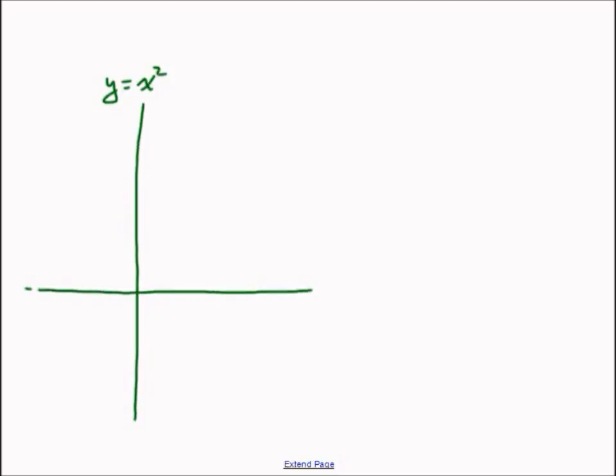Okay, I'm going to do a little aside here. This is actually looking at similar questions to one of the questions that you will have in your exercise set. If we look at y equals x squared, you guys know what that graph looks like. It's a parabola. It's our basic parabola, y equals x squared.